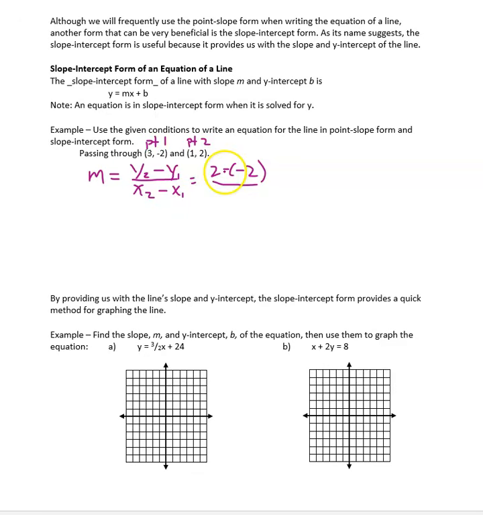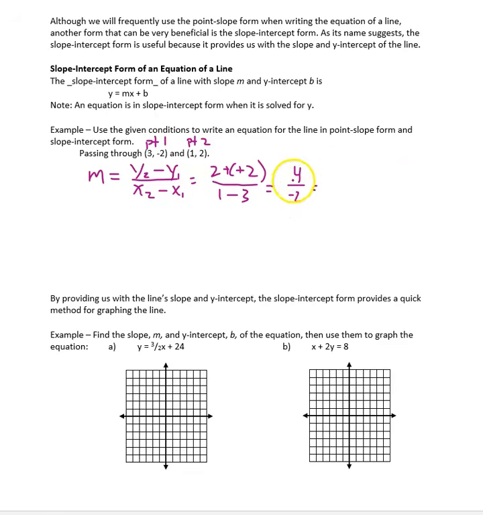This minus comes from the formula, and this negative comes from the value of y, over 1 minus 3. So we have 2 minus a negative 2 is the same as 2 plus 2. So 4 over 1 minus 3 is negative 2.